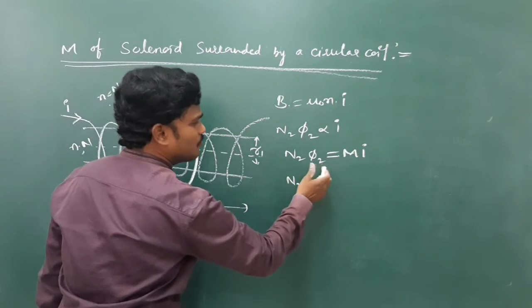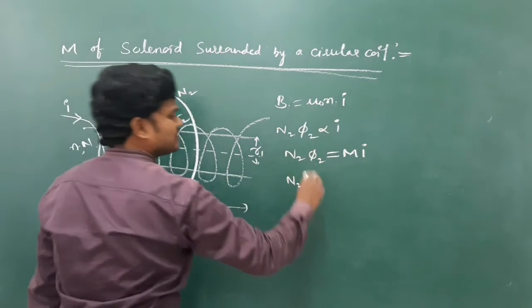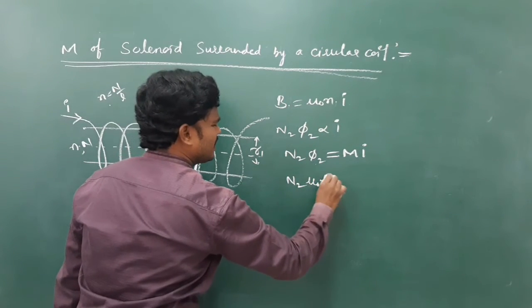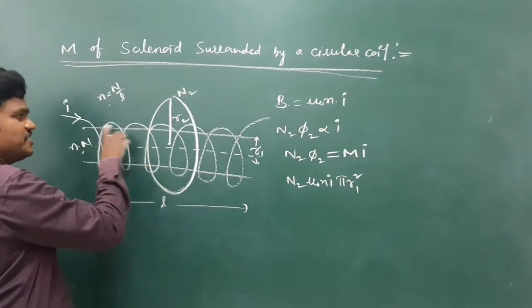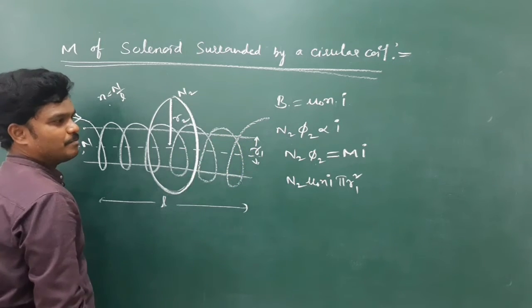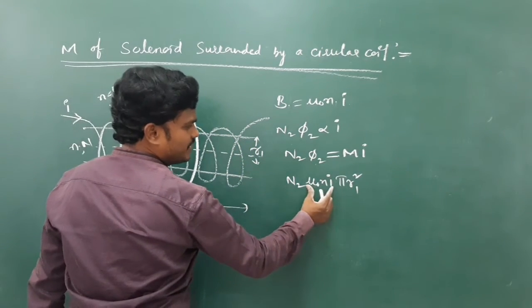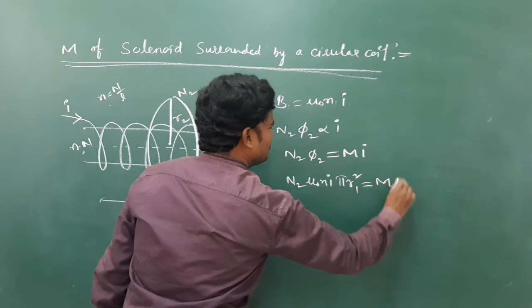N2 phi 2 is the product of BA. B means mu naught n I. A means pi R1 squared, only this region, because here the field is strong. So BA is equivalent to MI.